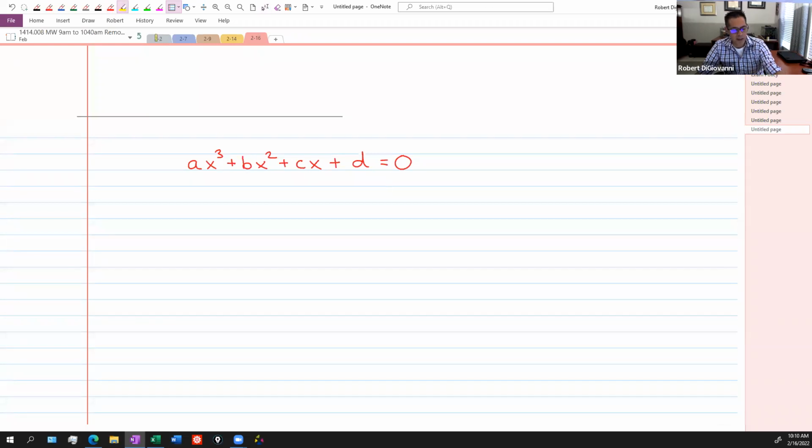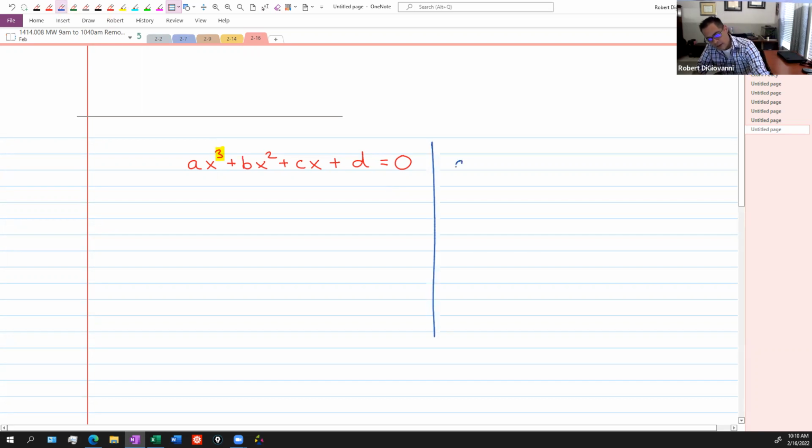The highest power of x is 3, but it's a general equation with the highest power being 3. That's called the cubic equation. And then you could have a fourth degree equation like this: ax to the fourth plus bx cubed plus cx squared plus dx plus, let's say, e equals 0. That would be a fourth degree equation.